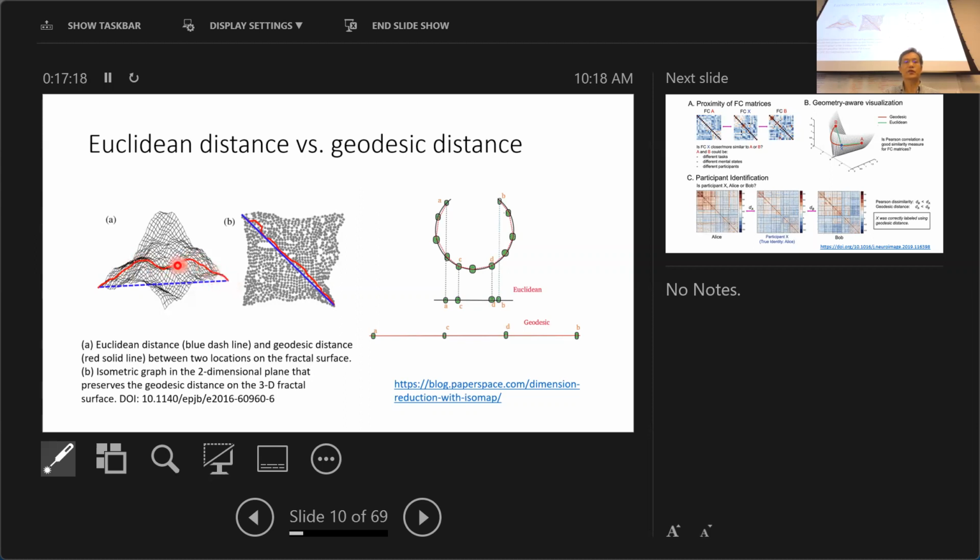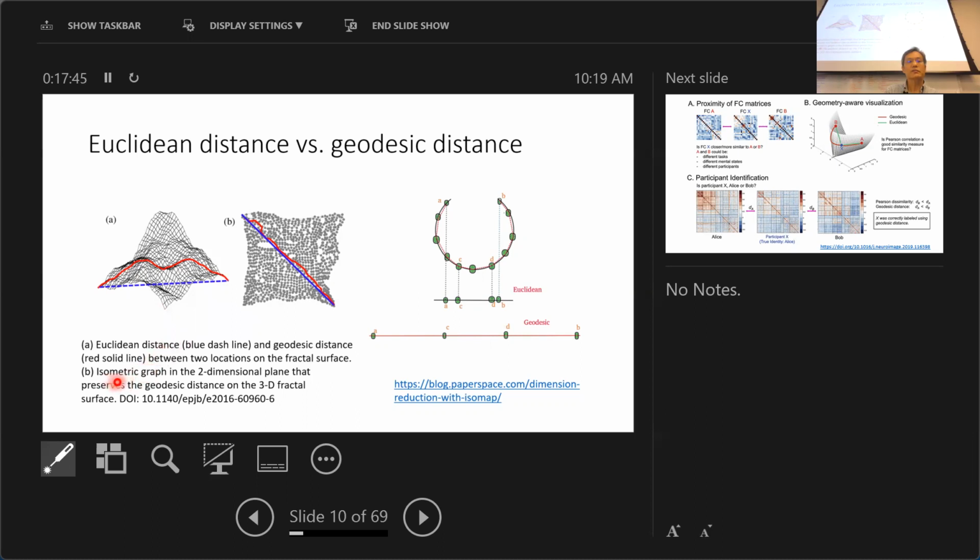So you have to follow the landscape. This is like an analogy for the data points, whose relationships form this complex shape. So you cannot just use their coordinates to compute the Euclidean distance.